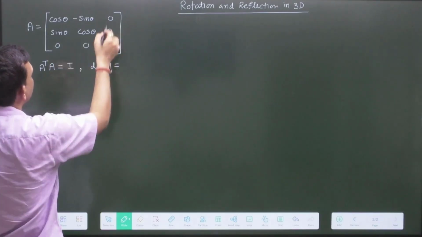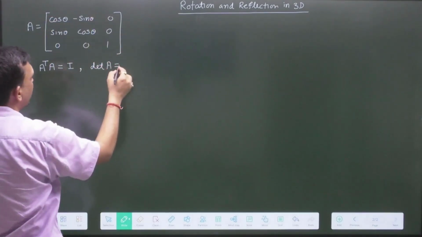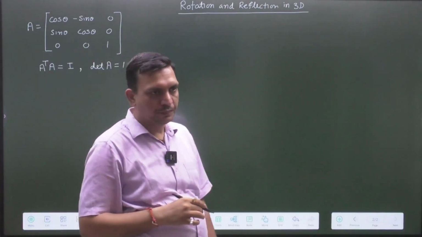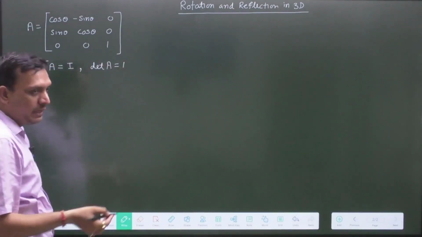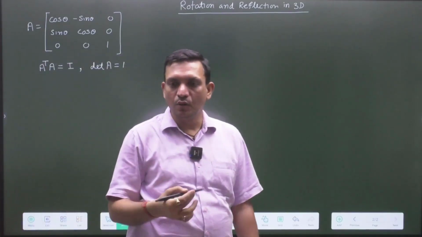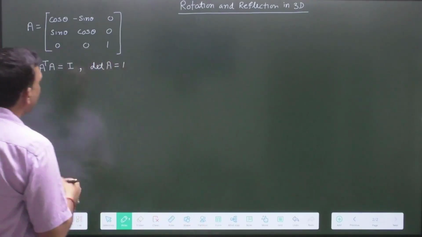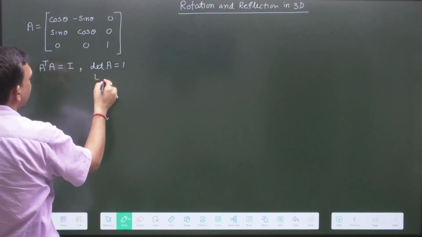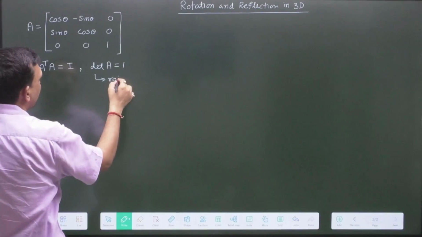So delete this row: cos square theta plus sin square theta, determinant A is 1. So again, when the determinant is 1, that corresponds to rotation.